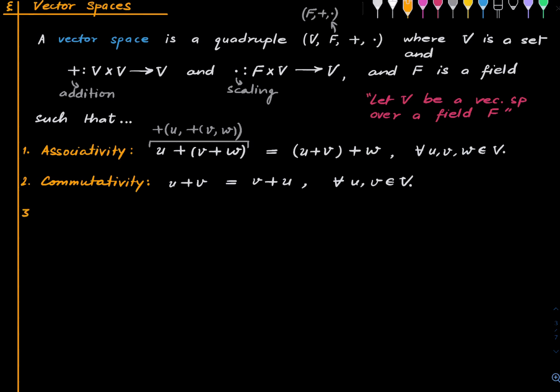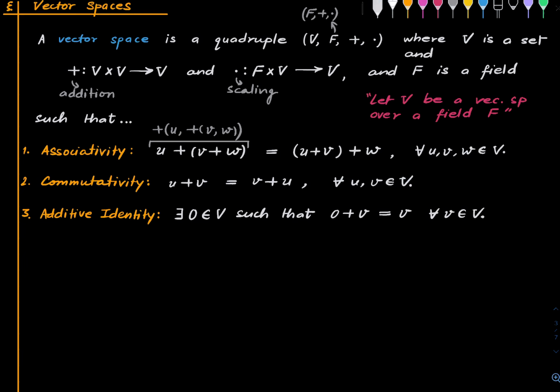All right. Thirdly, additive identity. It says that there exists some element 0 in the vector space V such that 0 plus v is equal to v for all vectors v in V. And again, this may be very confusing already because there is already a 0 sitting here.